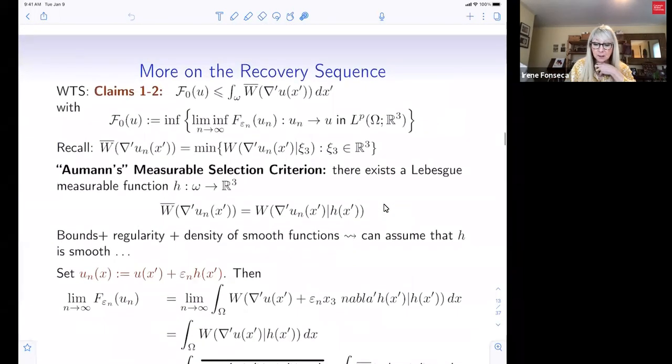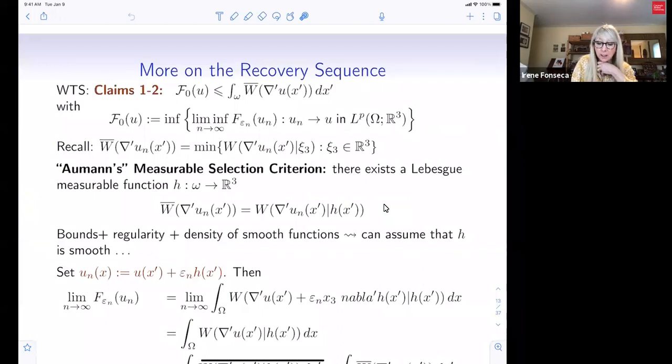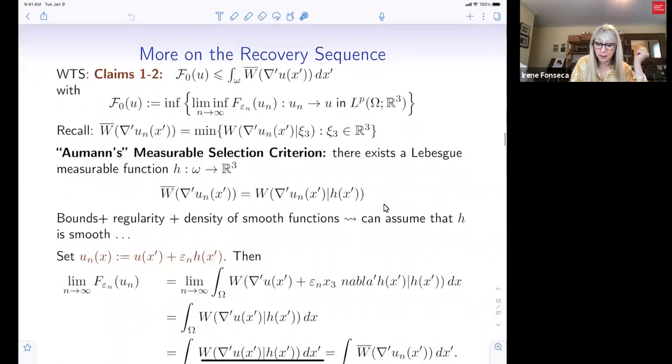Okay, so let me now just say, for the recovery sequence, again, remember that it's enough to prove that if I define this object, it's below this one. If I'm done with this, then I'm okay. Then sticking the Q in here is easy. And for that, you use a measurable selection criterion. Remember what this was? This was an inf of W of grad prime of u_n of x prime with respect to some x3, c3, right?